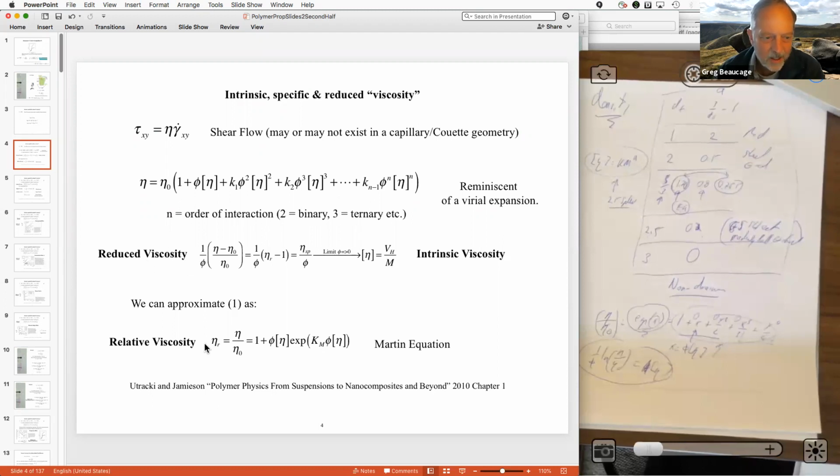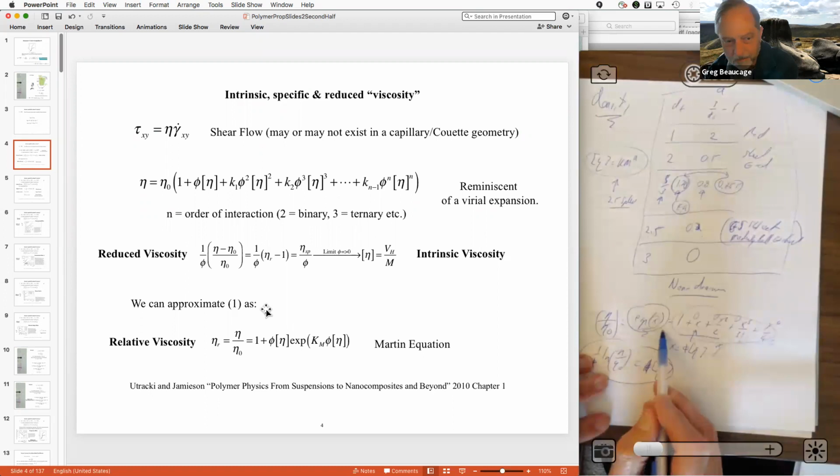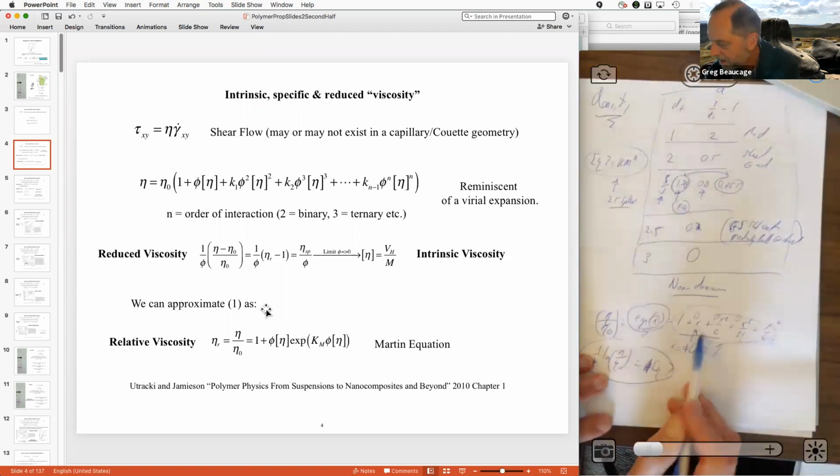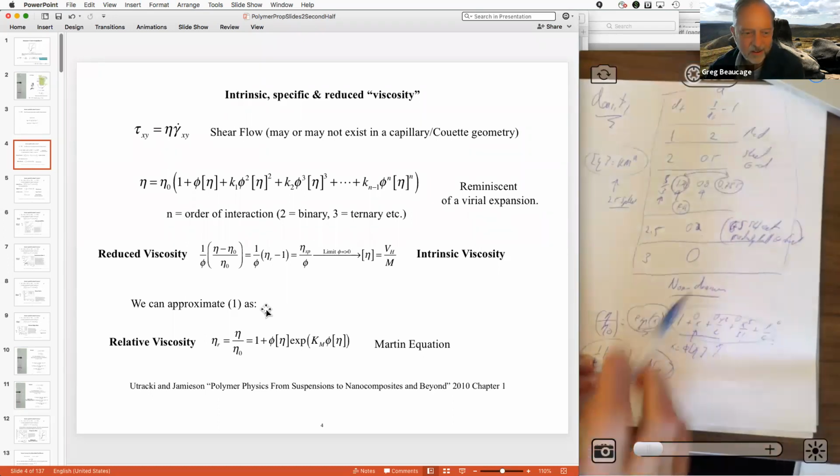Anyway, here's the Martin equation, this exponential, right? This exponential term comes out of a comparison between this expansion for the exponential and this.